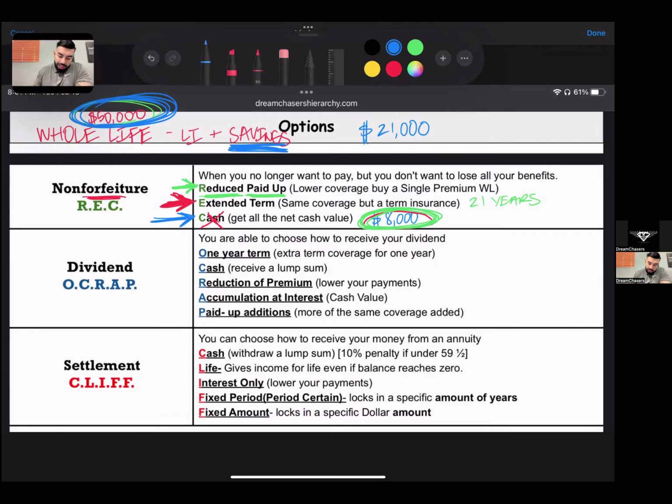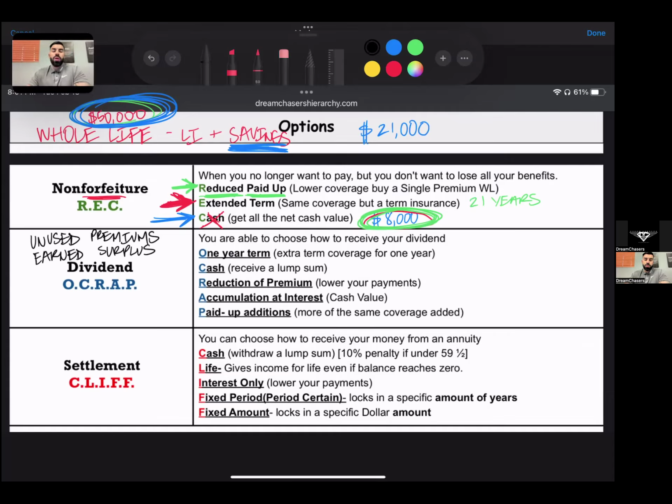So the next type of options are dividend options. Dividends, remember, are unused premiums. So premiums that were overpaid, overpayments, also known as earned surplus. Okay.